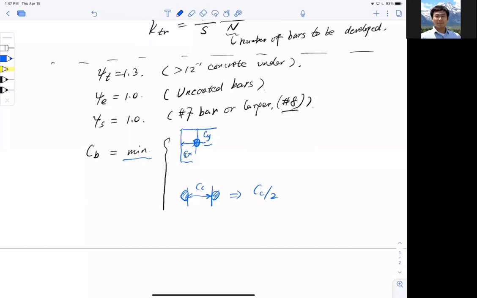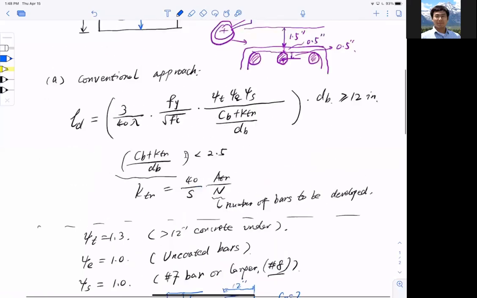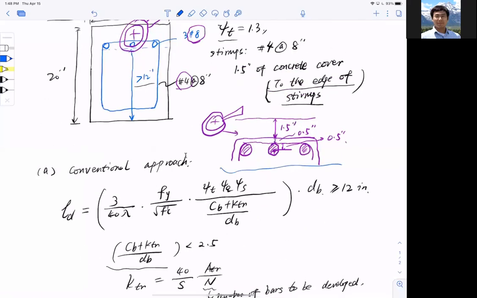On the side, I have 3 bars, and this is 12 inches, which is quite long. So I'm pretty sure that this edge is big, so I don't have to worry about it. It is cy I have to worry about. Now, what is cy? If you forget, go all the way back to the zoom in picture when I said we need it. It is because cy here equals 1.5 plus 0.5 plus 0.5, and that is 2.5.